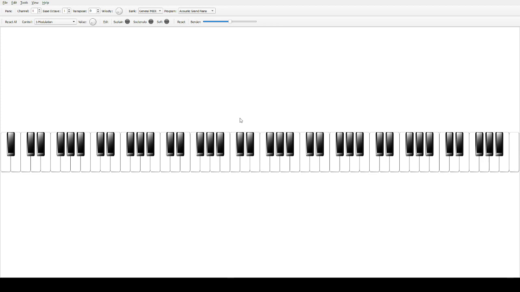So yeah, and then, remember, it's like this. It goes to the major 7 there, G major.